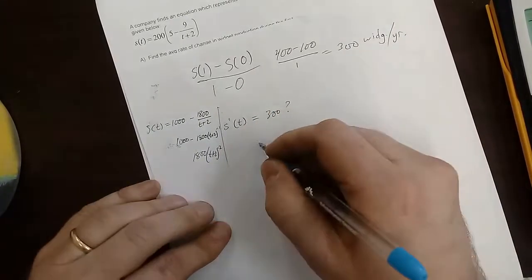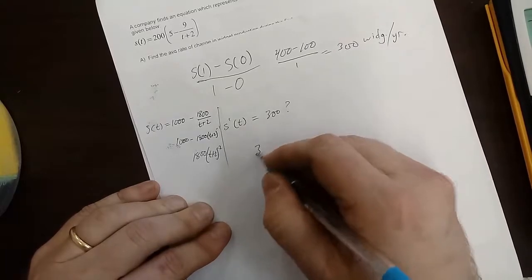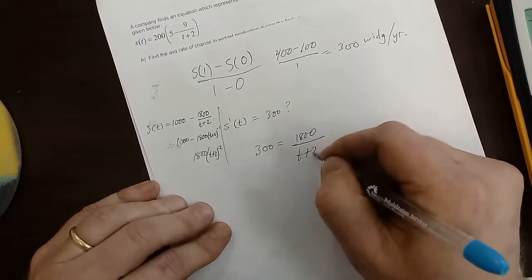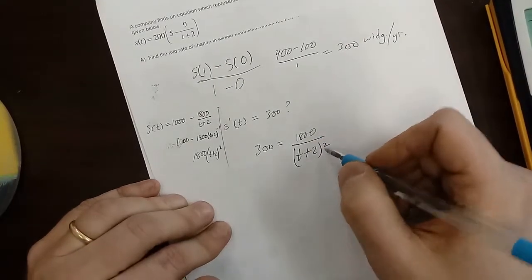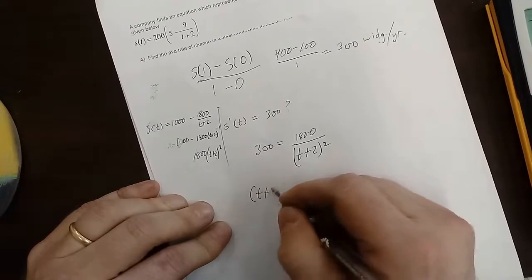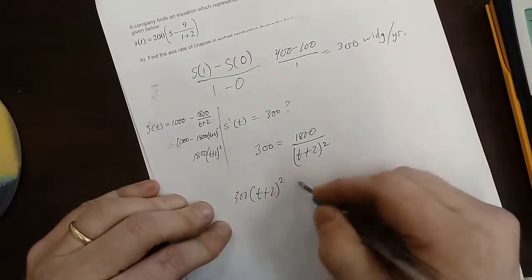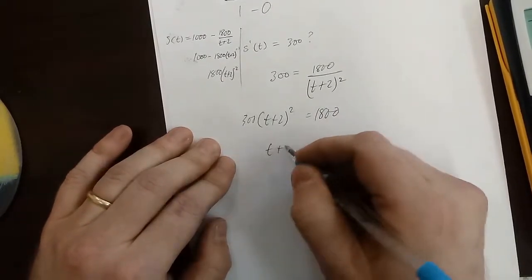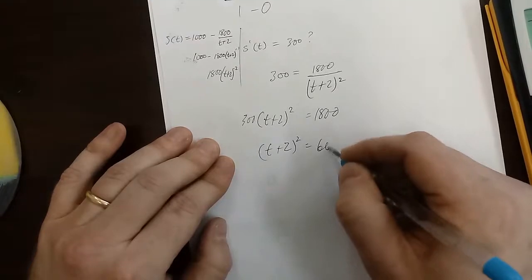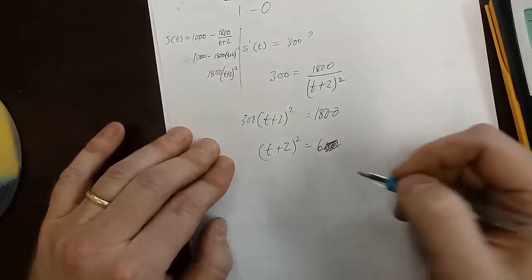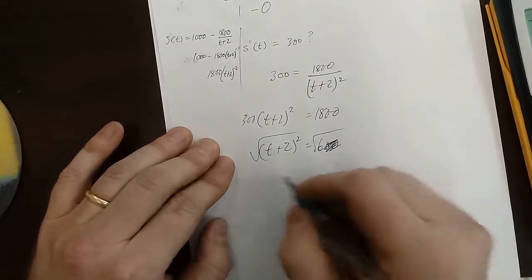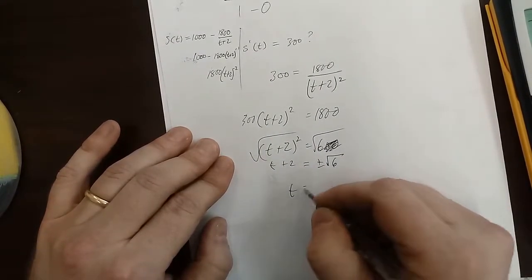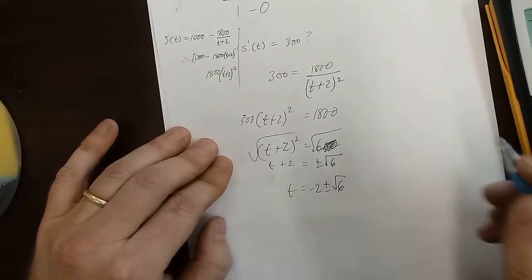So, when does 300 equal 1,800 over t plus 2 squared? I'll cross multiply. T plus 2 squared times 300 is equal to 1,800. Then I'll divide both sides by 300, so t plus 2 squared is equal to 6. Then I'll take the square root of both sides and get t plus 2 is equal to plus or minus the square root of 6. So t is equal to negative 2 plus or minus the square root of 6.